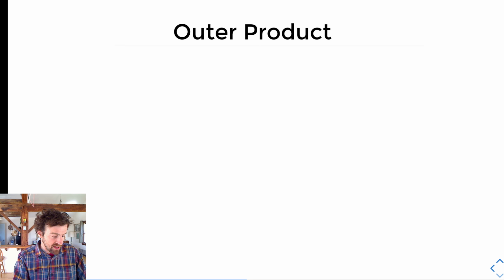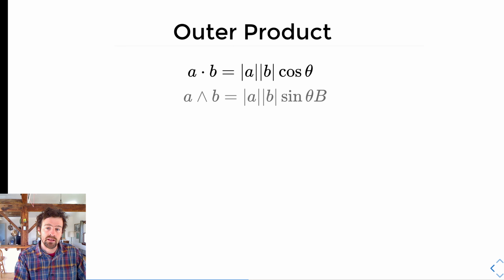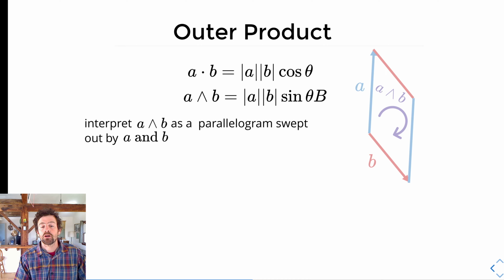All right, so how did we get there? We use this outer product, and supposedly it generates these higher order elements. Coming from something we're familiar with, the inner product is usually given in this form, let's say for 2 vectors, A and B. We can imagine a dual quantity, which is given by A wedge B, and it doesn't return a scalar, it returns a bivector, which we're going to represent with a capital B. We interpret this as the parallelogram swept out by the vectors A and B. You can imagine it this way.